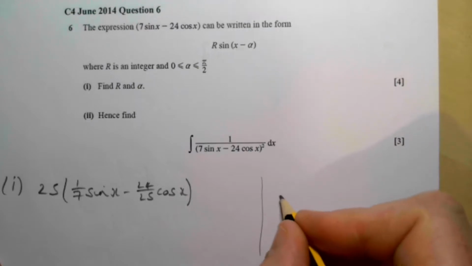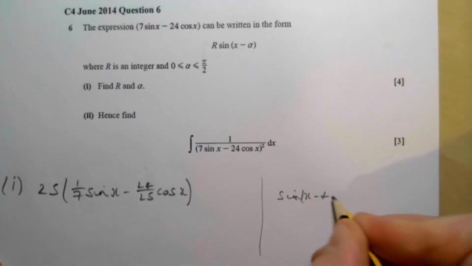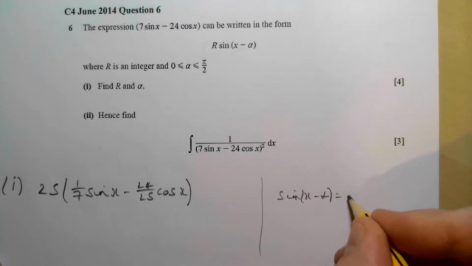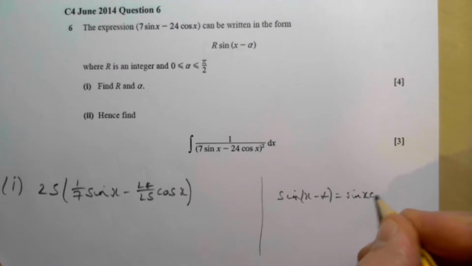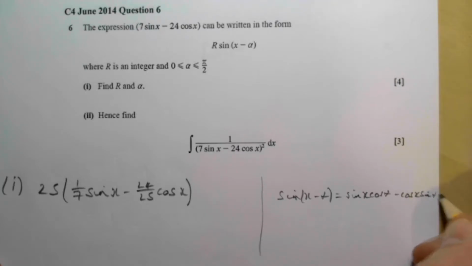So just over to the side here, sine (x minus alpha) is equal to sine x cos alpha minus cos x sine alpha.